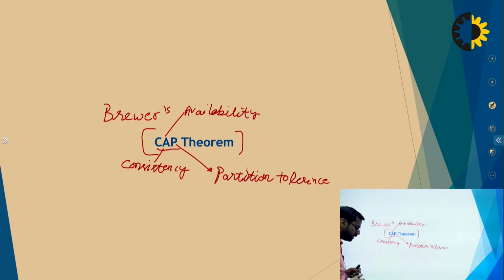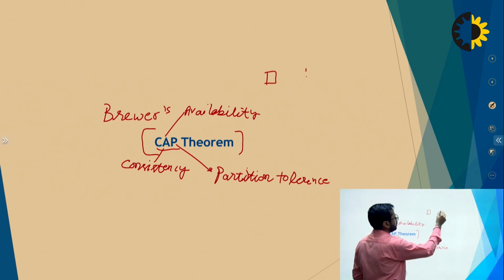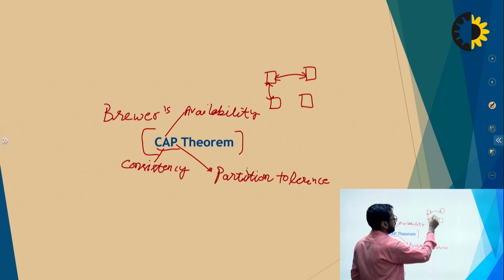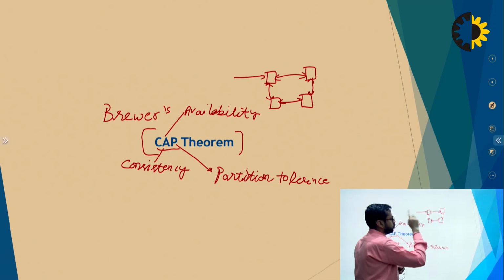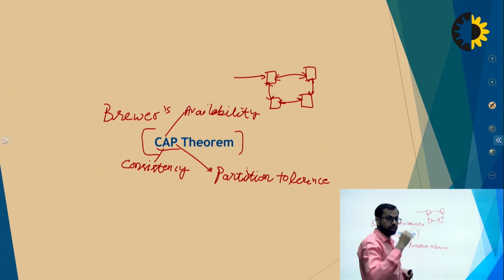So consistency: let's suppose there are a number of nodes that are connected to each other, and when we update a database on a specific node, the relevant nodes will update their values for those particular files. These nodes are computer nodes.